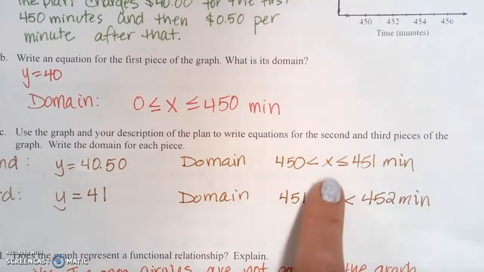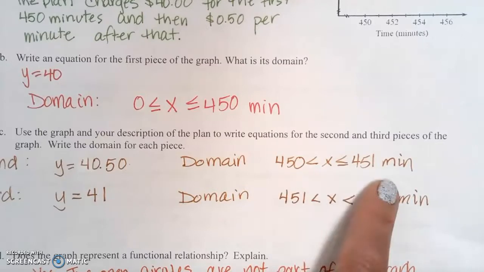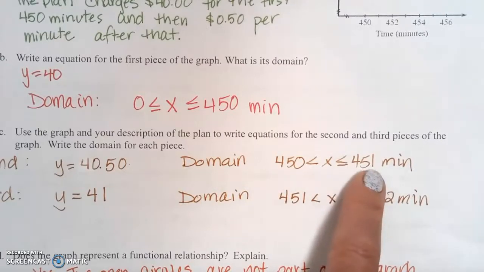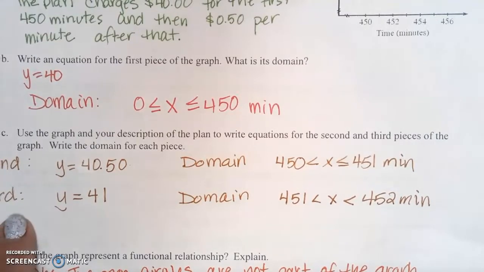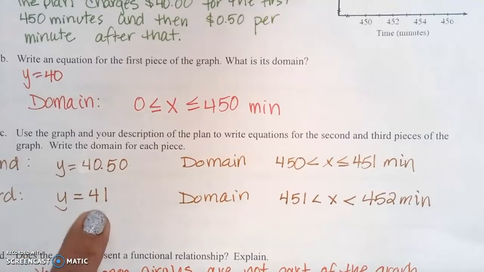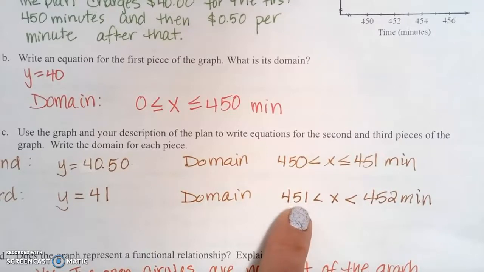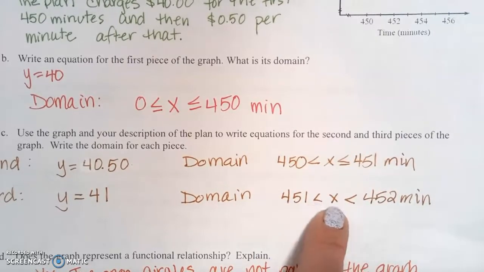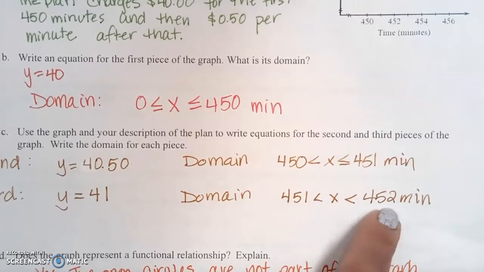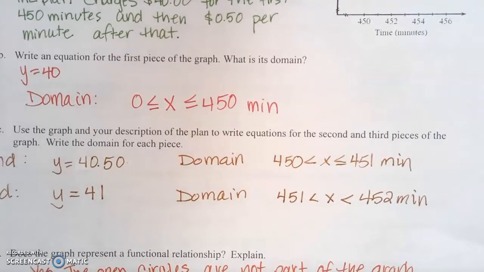That's when you're going to have more than 450 minutes and less than or equal to 451 minutes. Then the third section of the graph is going to be $41, and that's when you're going to have between 451 and 452 minutes.